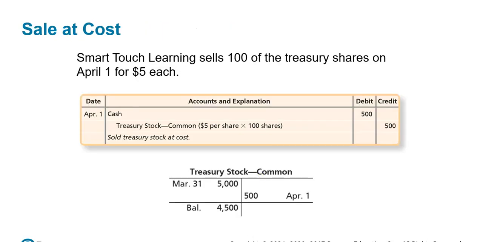Then they, in turn, sell 100 shares of treasury stock on April 1st for $5 per share. Okay, so there's no premium or discount here. They're selling it for what they paid for it. So they receive $500 cash, and it's treasury stock common, $5 per share times 100 shares, so that'll be credited.